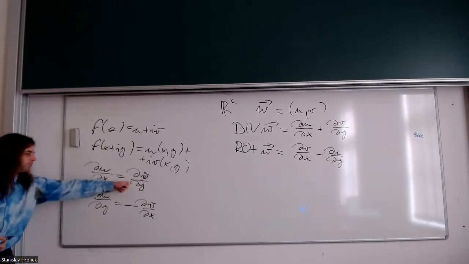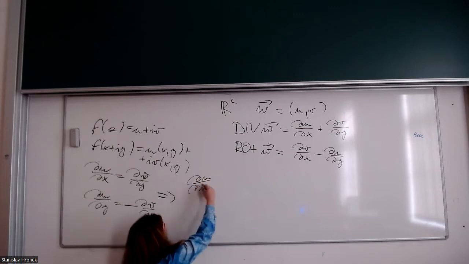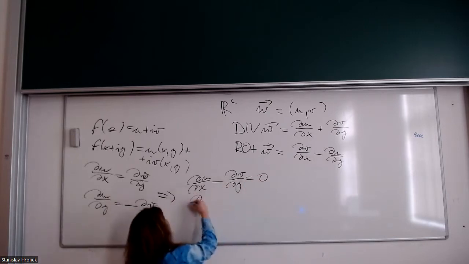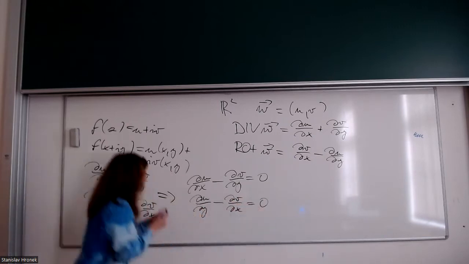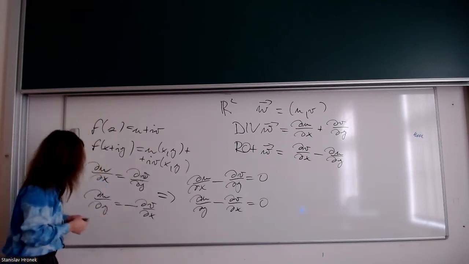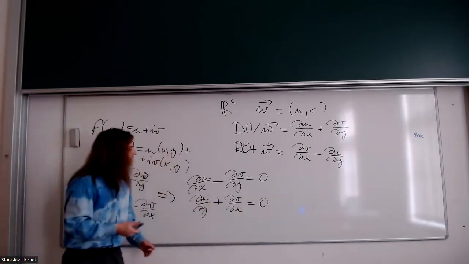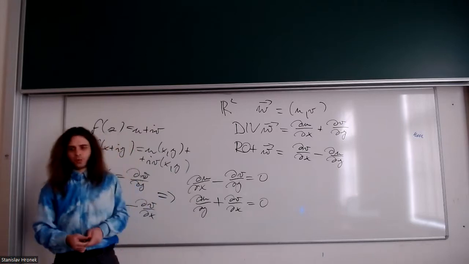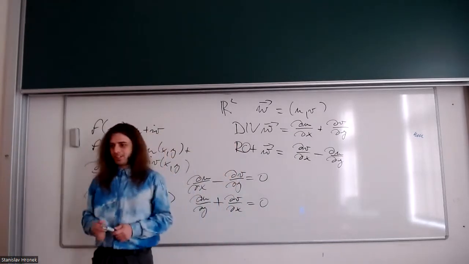So if I put everything on one side in the Cauchy-Riemann conditions, then after doing this, we will see that essentially the left-hand sides of these equations exactly coincide with these two expressions up to a sign.